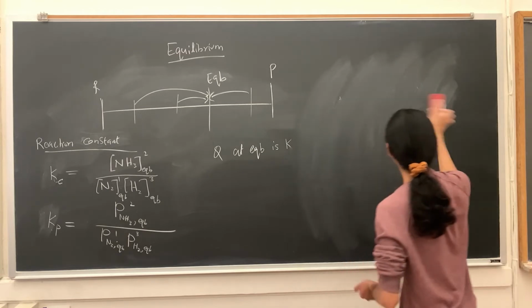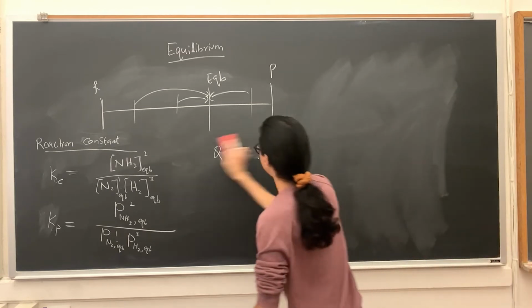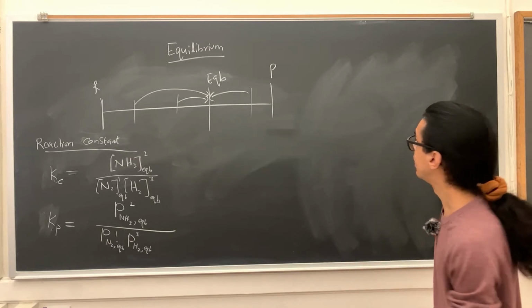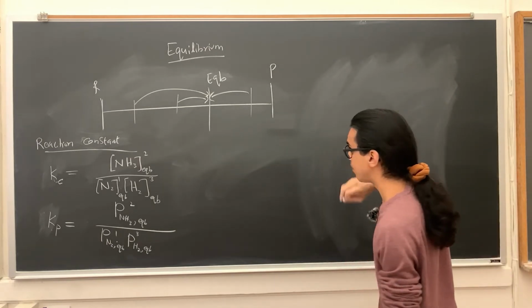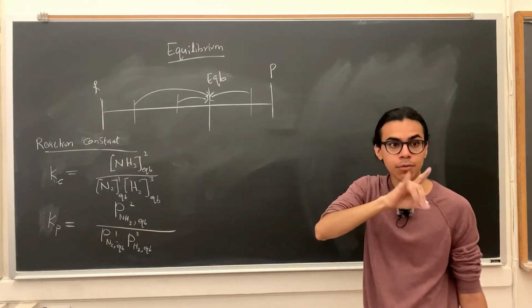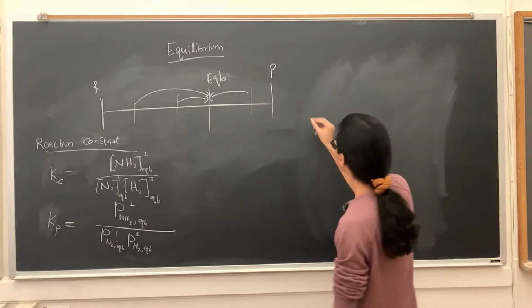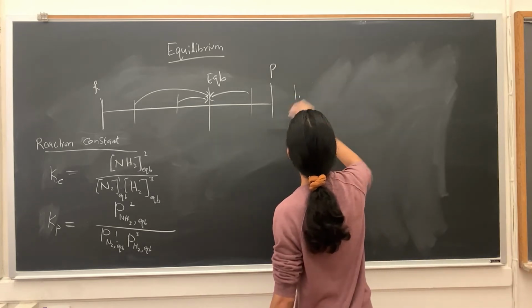Given all that, let's talk about the relationship between Q and K, relatively speaking. If we compare their values, three things can happen, right?